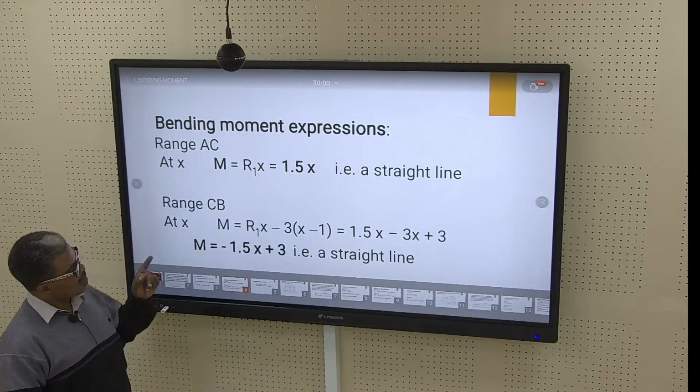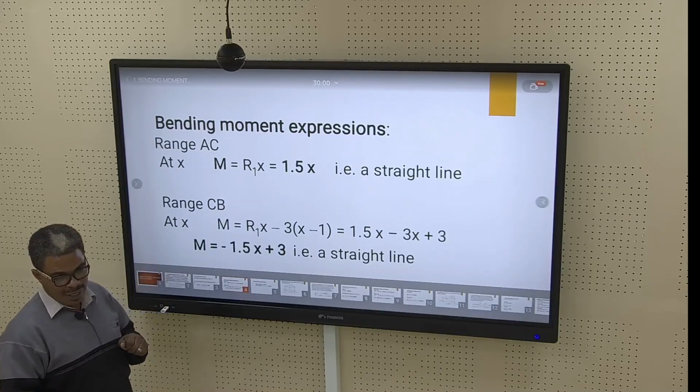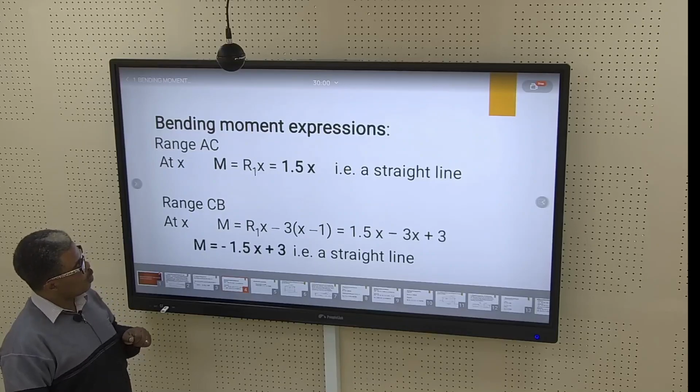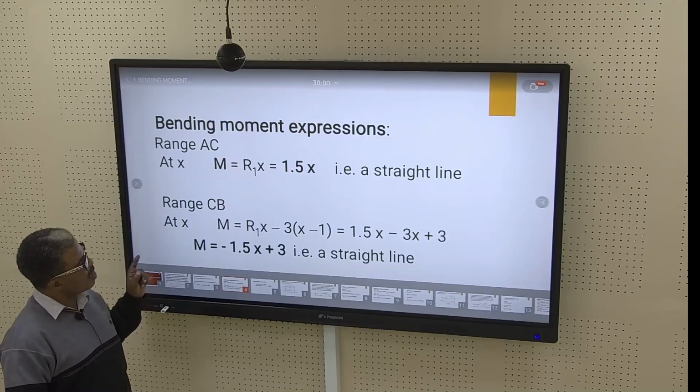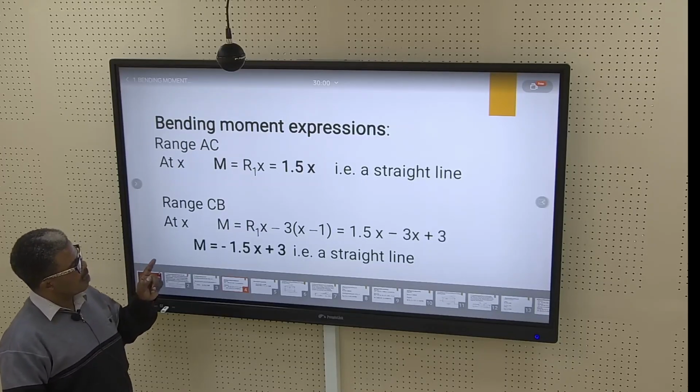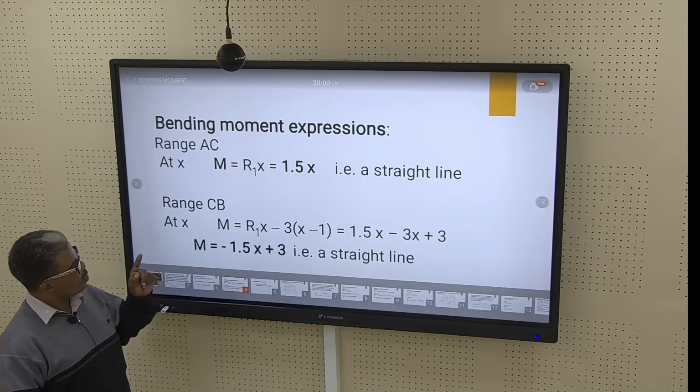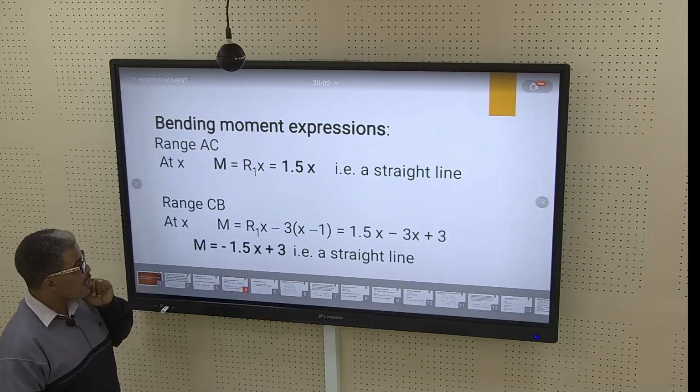Such an expression gives a straight line. So from point A, or from reaction 1, we go up with the distance of X.